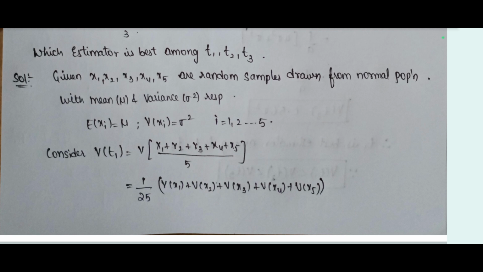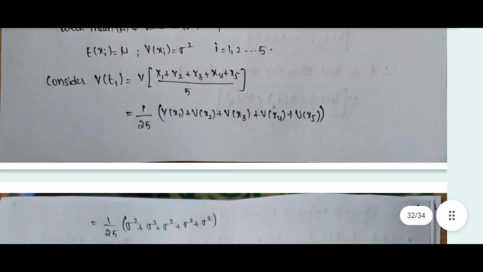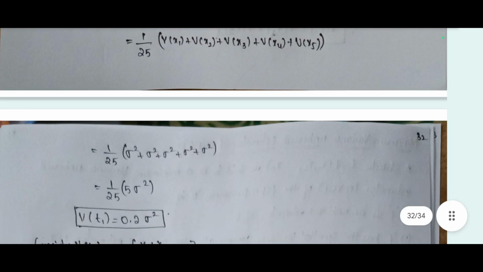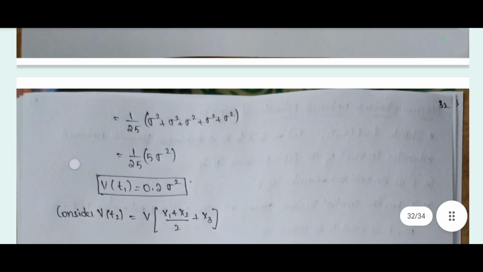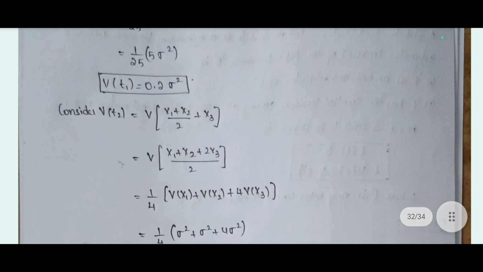So variance of x1, variance of x2, variance of x3, variance of x4 and variance of x5. If you add all these variances, each sigma square, you will get 5 sigma square divided by 25, that is 1 divided by 5, so you got 0.2 sigma square as the variance of T1. Next, consider the variance of T2.